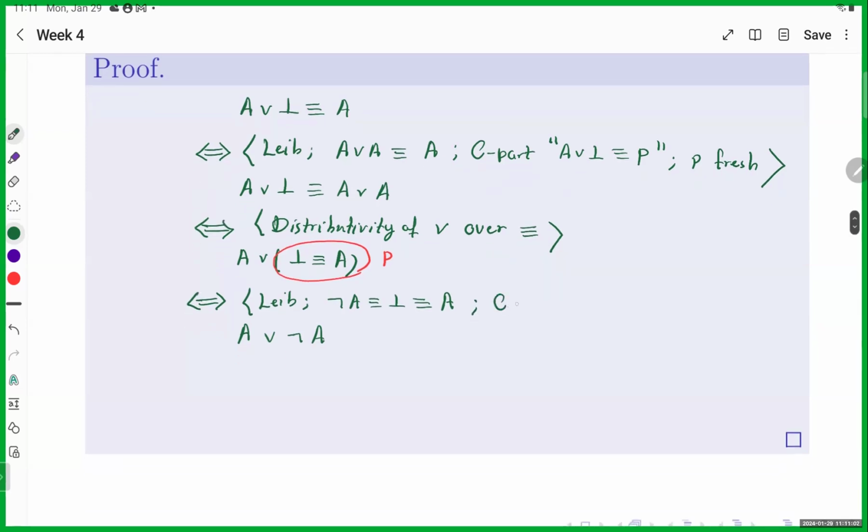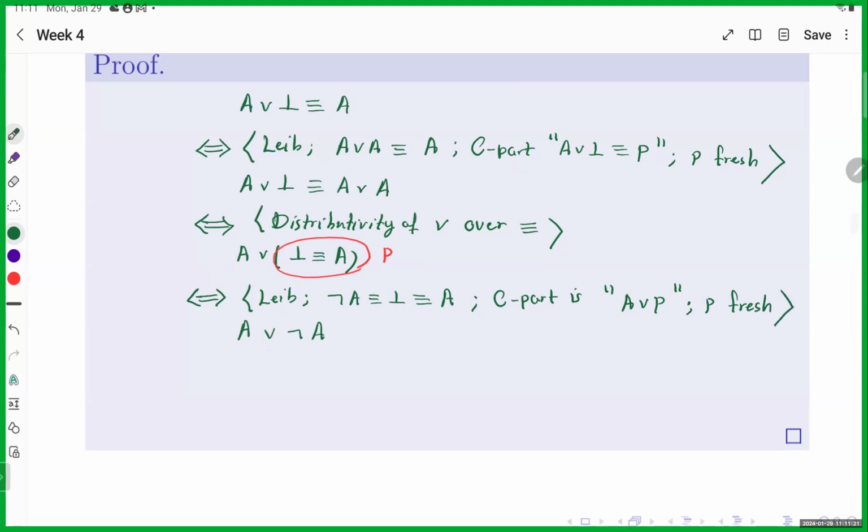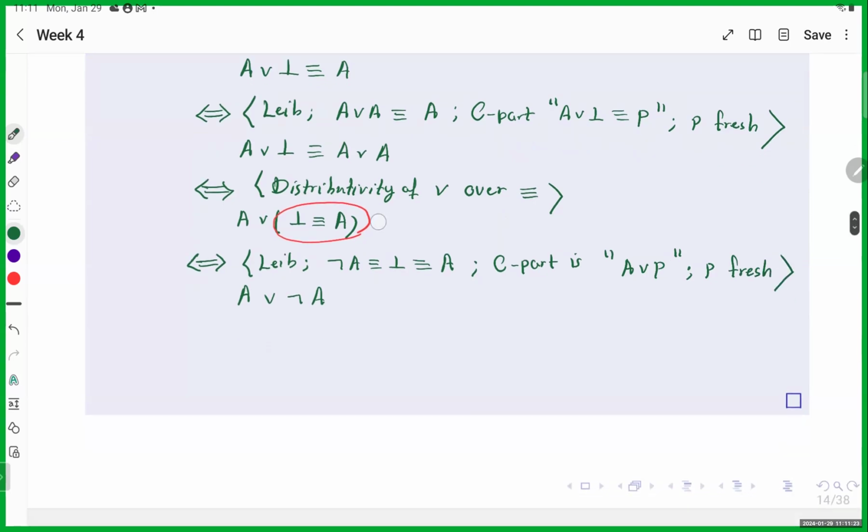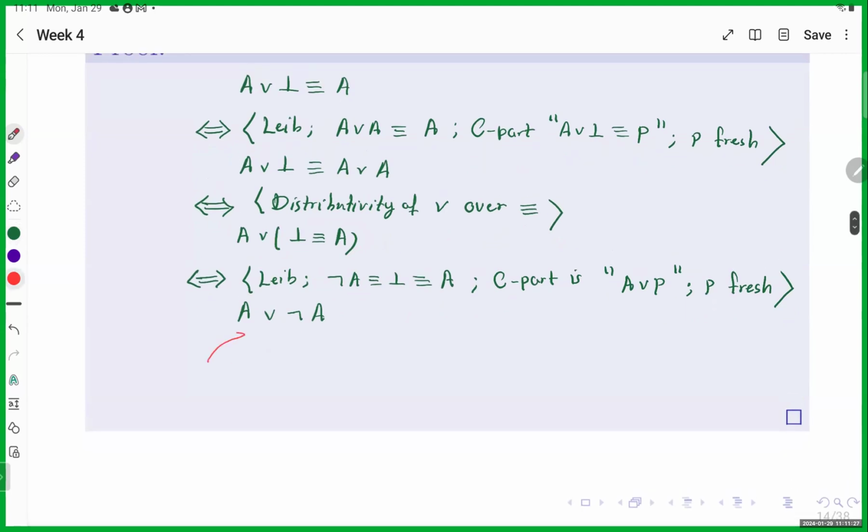What is the C part of the Leibniz? Well, A or P. P is fresh. Now, why are we done? Because this is an axiom of the idempotency of disjunction.